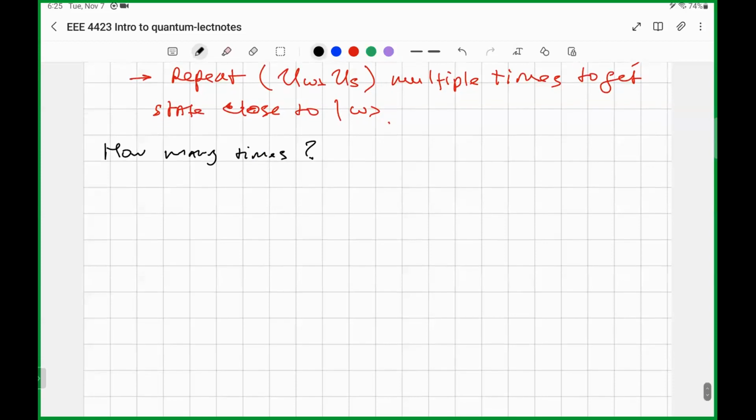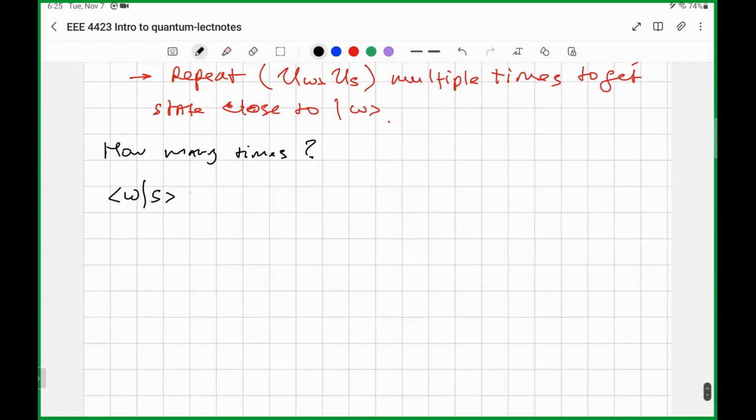Above we found out that the projection of vector omega on the vector s, or vector s on the vector omega, is equal to 1 over square root of n on the one side, and on the other hand, it's equal to sine theta over 2.